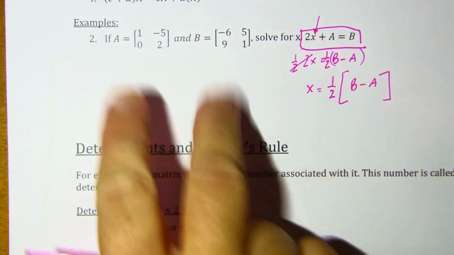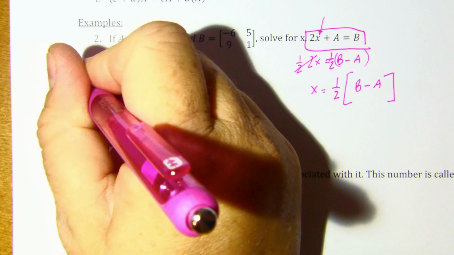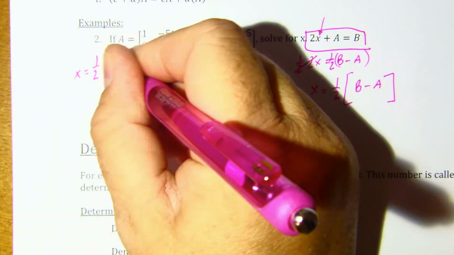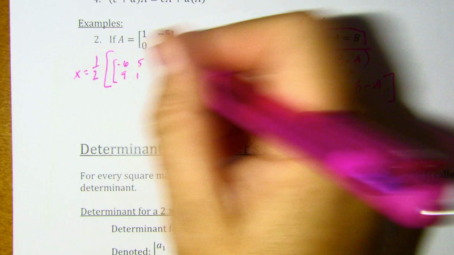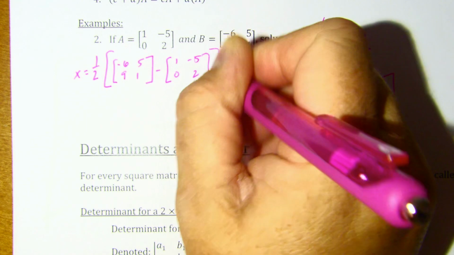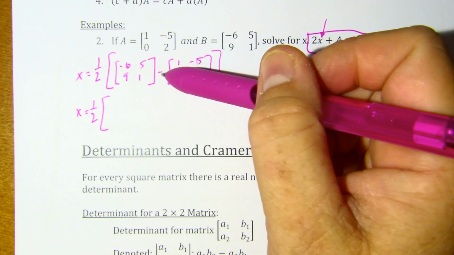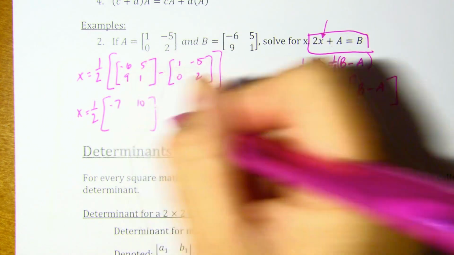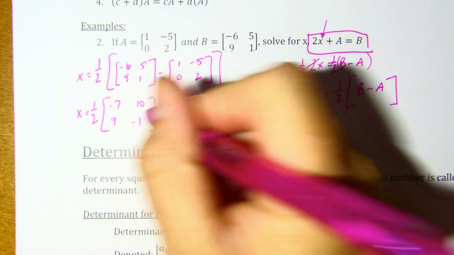So now what we need to do is with the matrices A and B, I need to find what this is. So X is equal to 1/2 times B, which is -6, 5, 9, 1, minus A, 1, 0, -5, 2, and X is equal to 1/2 times that. -6 minus 1 is -7, 5 minus -5 is 10, 9 minus 0 is 9, 1 minus 2 is -1.